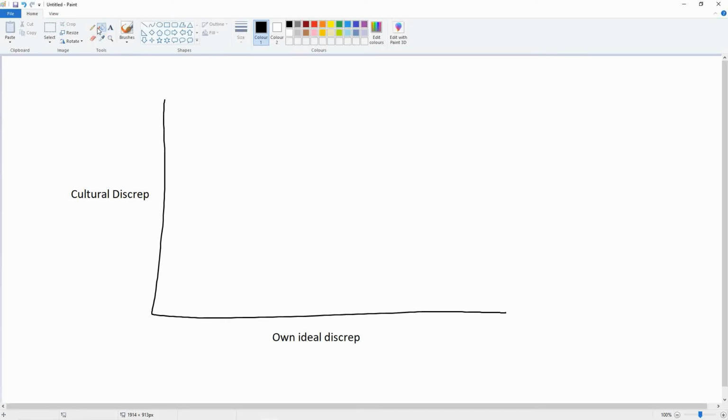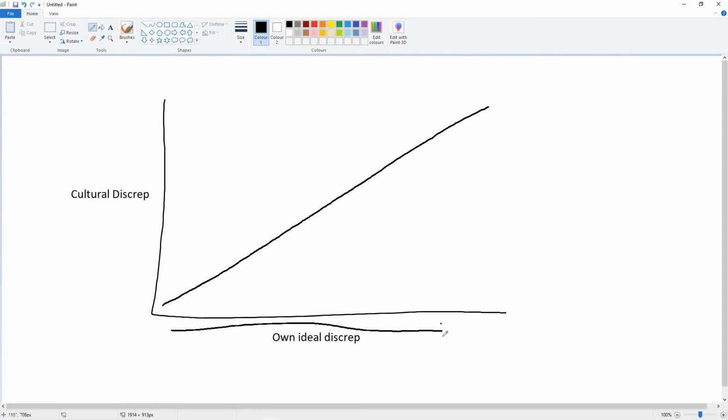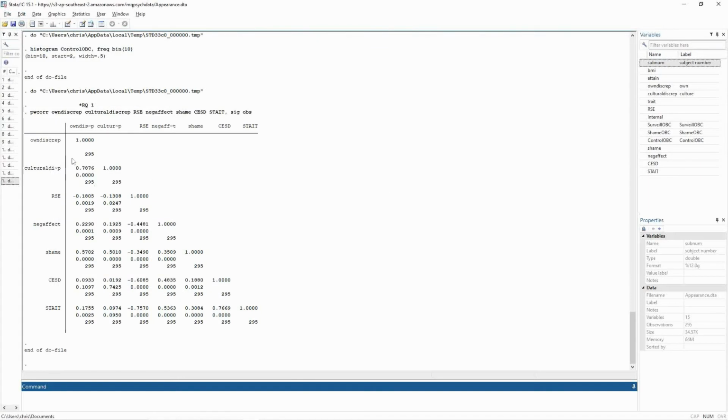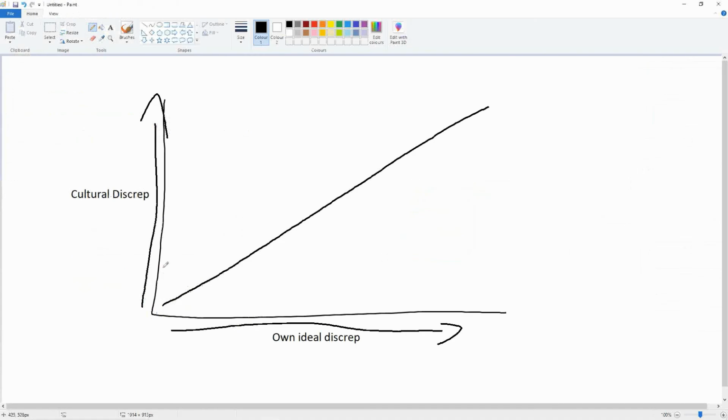And what we are seeing is that as own ideal goes up, scores on cultural discrepancy are also going up. So that's what this positive value means. And the fact that it's 0.79 tells me that it's probably a really strong relationship.